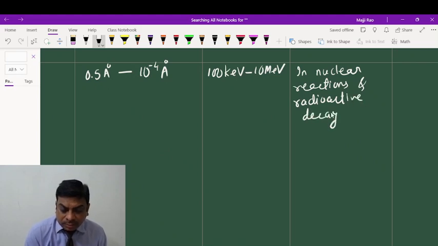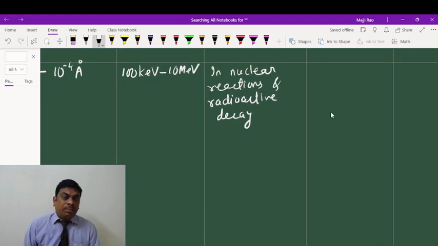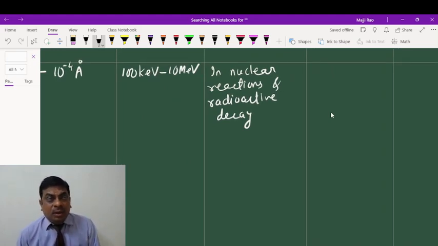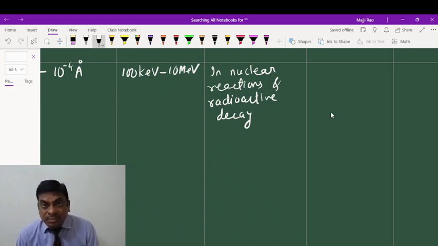And the main use, there are a lot of uses, but the main use is again for medicinal purpose. Almost similar to that of X-ray, they can be employed to kill the cancerous cells.